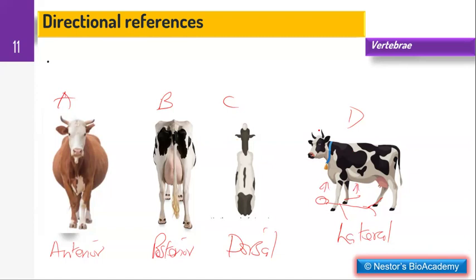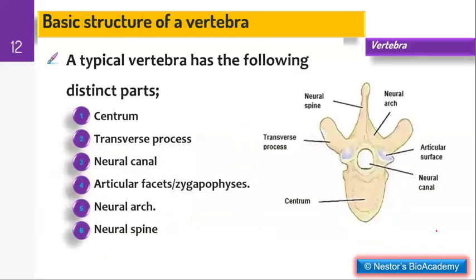So the knowledge of these views is as important as knowing the features of these vertebrae, because we'll be using them significantly.